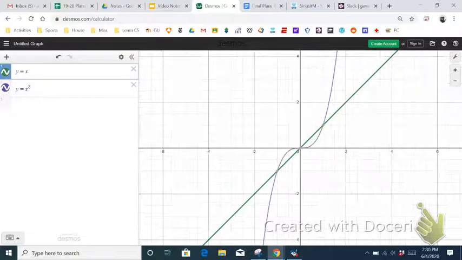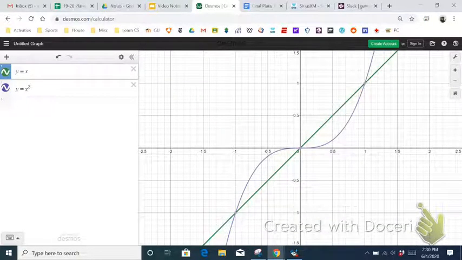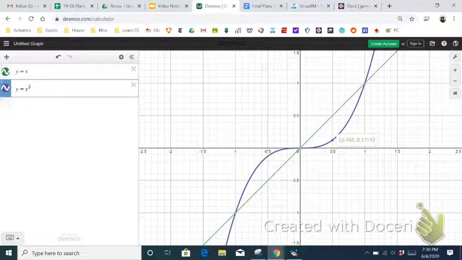But if you think of what happens to numbers when they are less than 1 but greater than 0, let's take 0.5 for example. If you were to take a half of a half of a half, you're going to get a number less than 1/2, which is why it's below the line here. So the reason why this snake occurs is because when you have numbers in between 0 and 1, or even between 0 and negative 1, they're going to get closer to 0 when you raise their power.